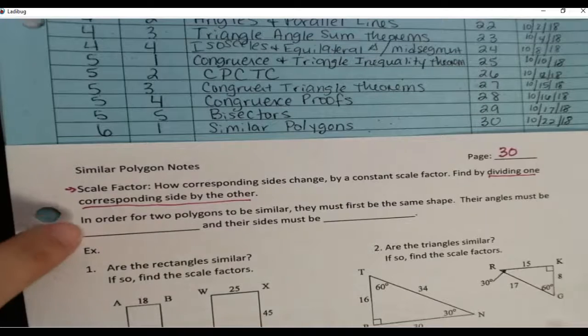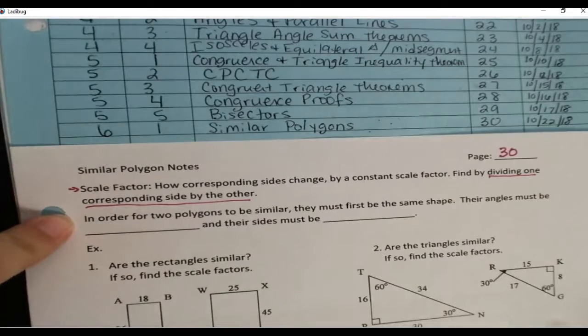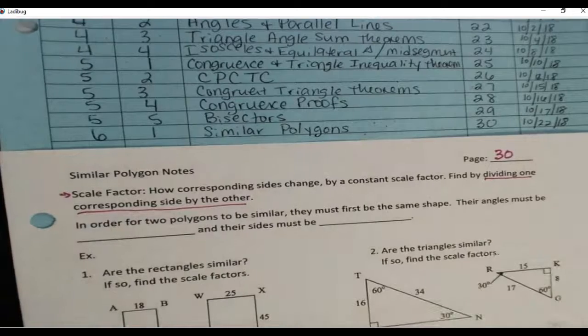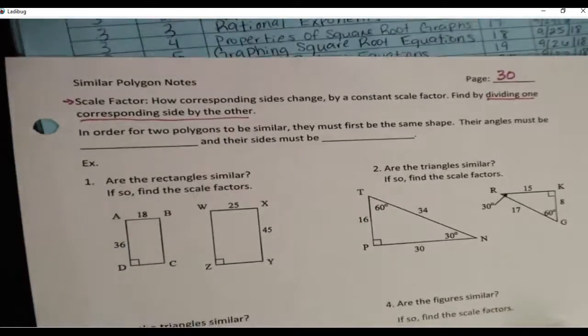So, in order for two polygons to be similar, again, we're not looking at congruence like we did last unit, we're looking at similarity. So in order for them to be similar, first they have to be the same shape. So you can't have a rectangle and a circle and them be similar. Okay, so the shapes have to be the same. And then their angles must be congruent.